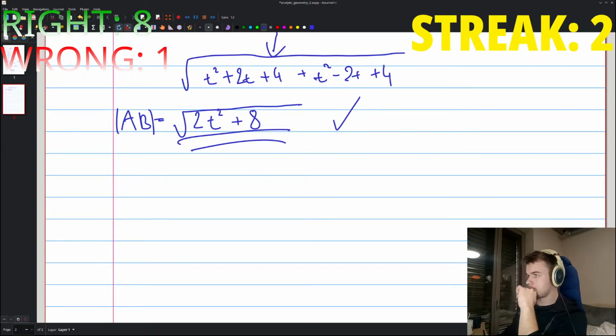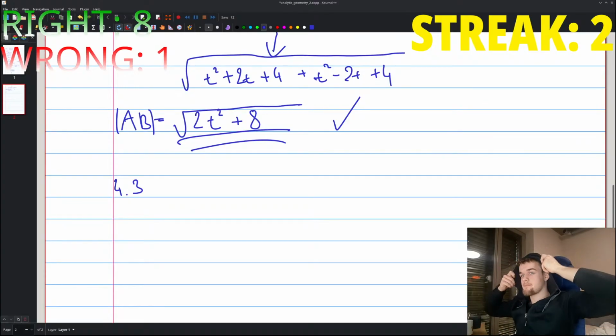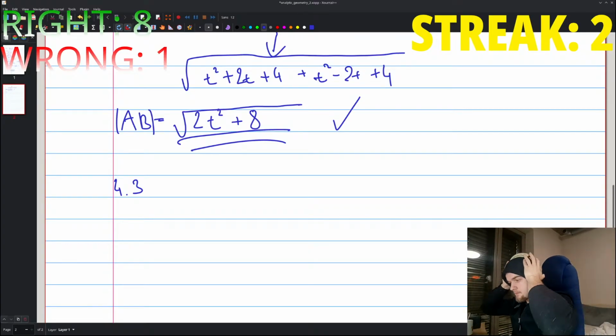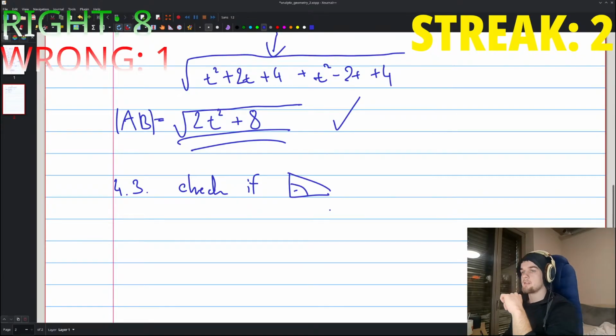Okay, so we have to check whether, 4.3, the triangle has this 90-degree angle in there.